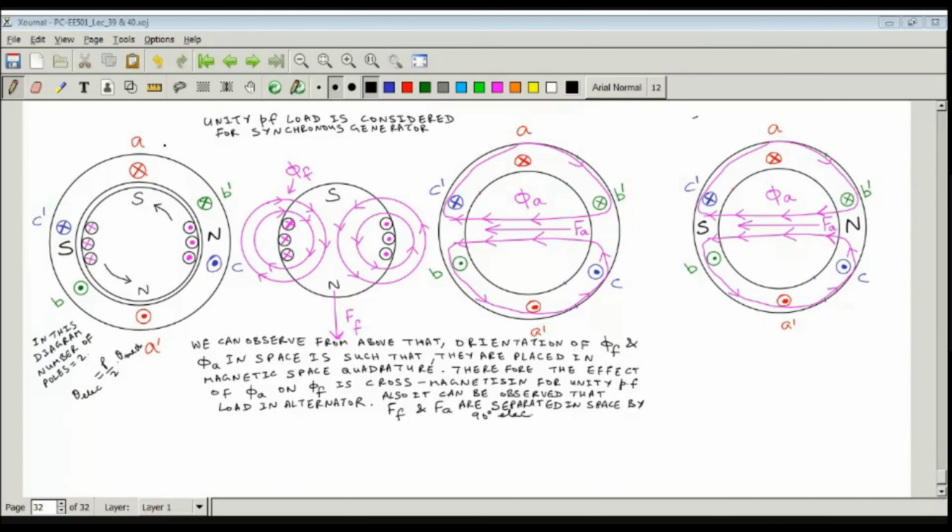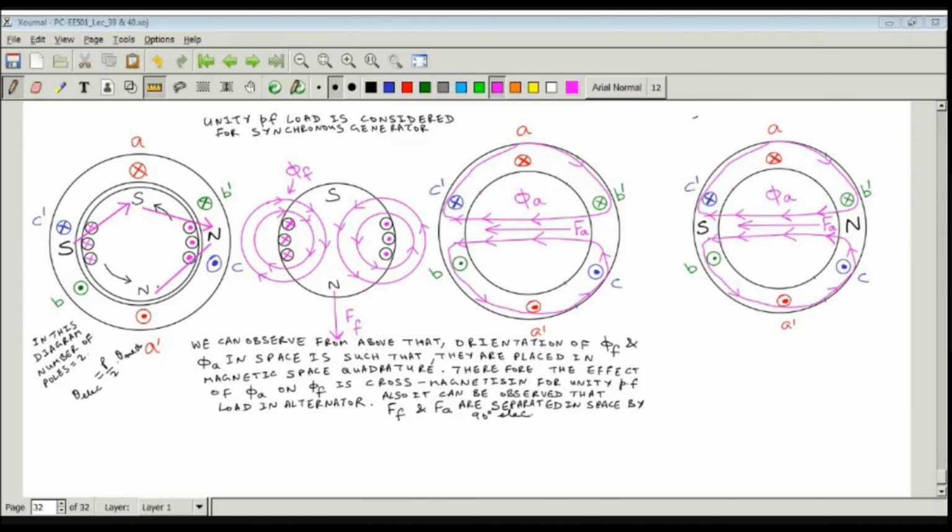So you can just show it by some dotted line. This thing will repel, and likewise this thing will get attracted.